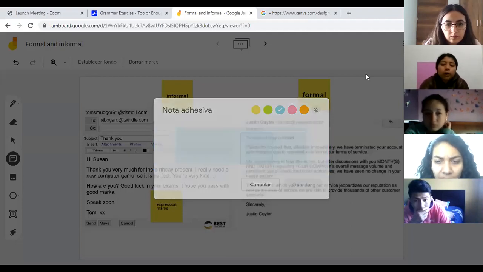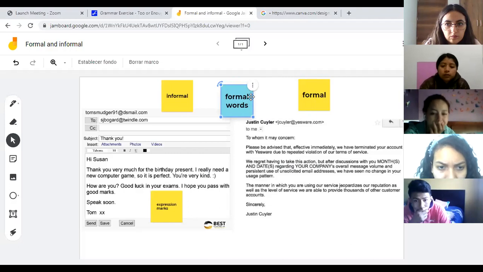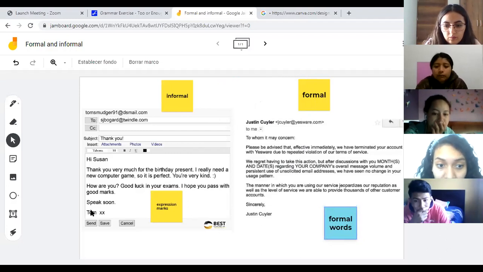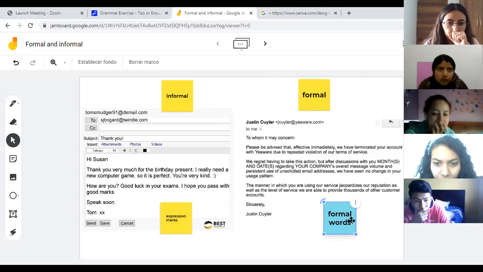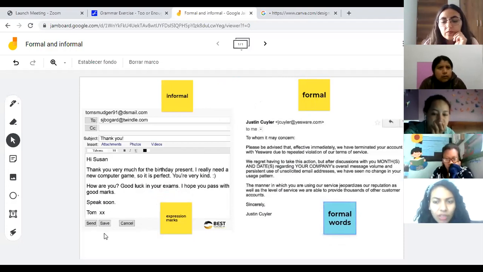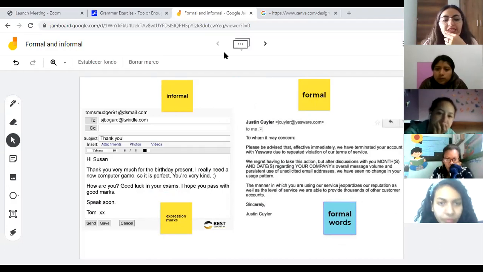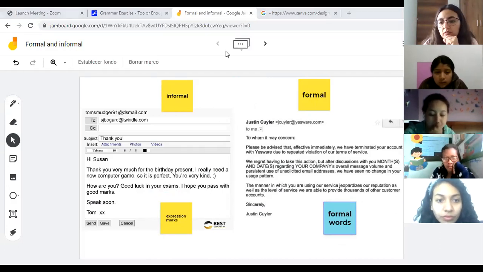What else can you notice? ¿Qué más pueden notar? Come on, come on. Help me. Maybe at the end. What can you notice at the end of the emails? Madeleine also writes something in the chat.